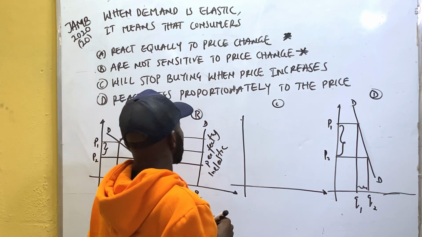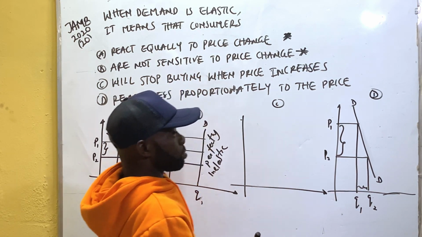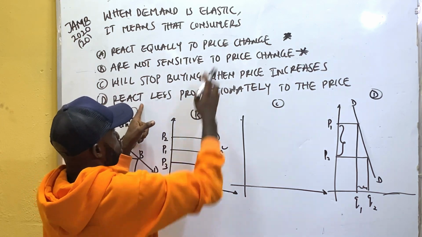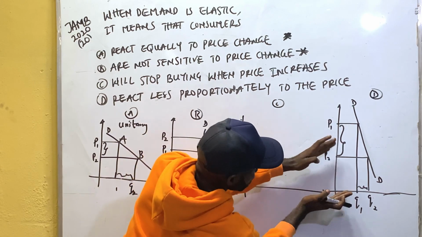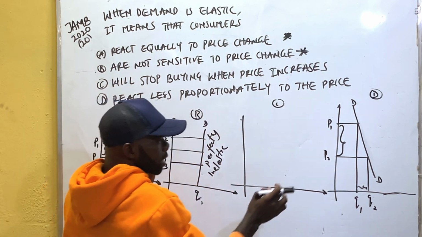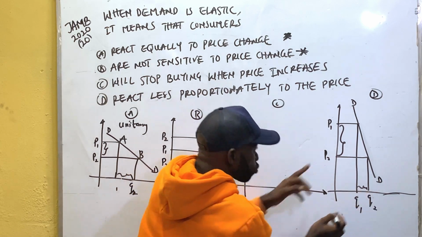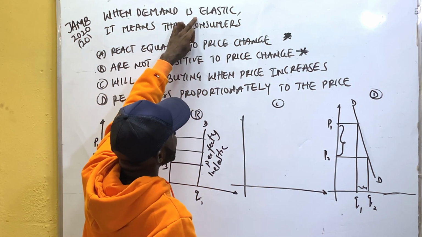They are telling us that if this happens, is it possible for consumers to react less proportionally to price? This is what this diagram explains. If they react less proportionately to price, considering the gap, does that show elastic?